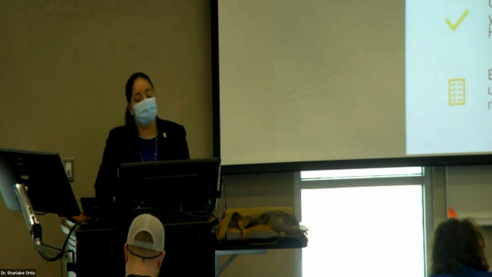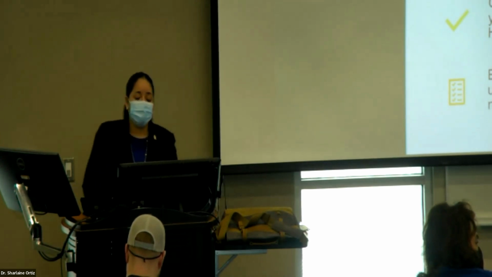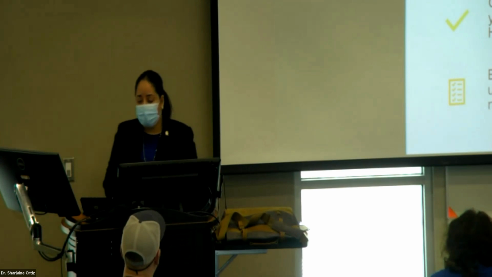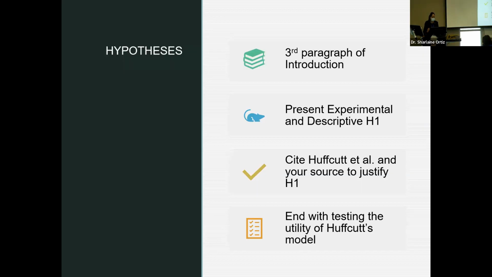Let's talk about the third paragraph. The third paragraph is that of the hypothesis, right? And what exactly is going to be included in that specific paragraph? Remember that what we're going to include is the experimental hypothesis and the descriptive hypothesis.